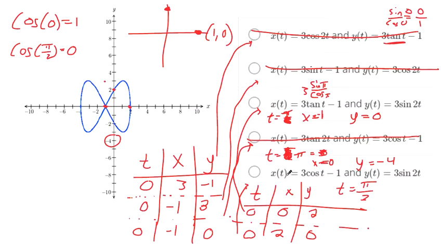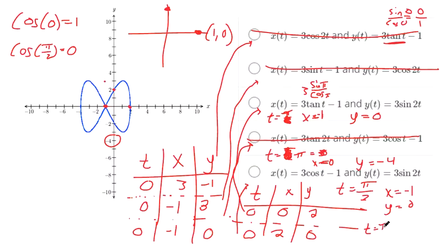And then let's try plugging in pi over 2 down here. That will work because we don't have tangent, we're not dividing, we don't have a divide by 0 problem. Cosine pi over 2 is 0, so x equals negative 1. Now this is 2 times pi over 2, so this is sine pi, so that's 0. So that's a coordinate, negative 1 comma 0. That is a dot on our graph. We can't eliminate this option.